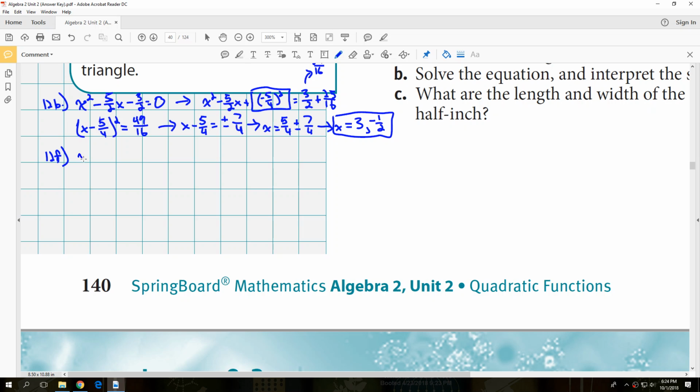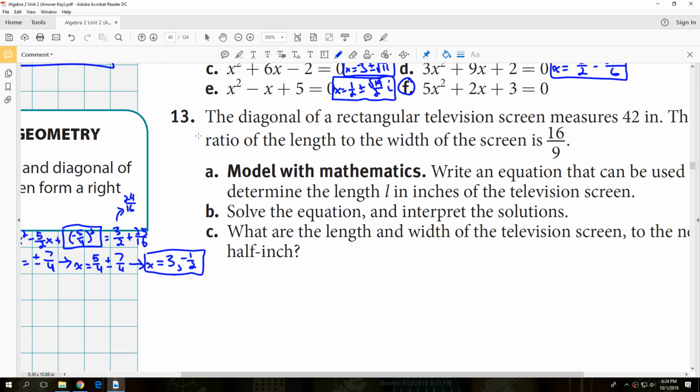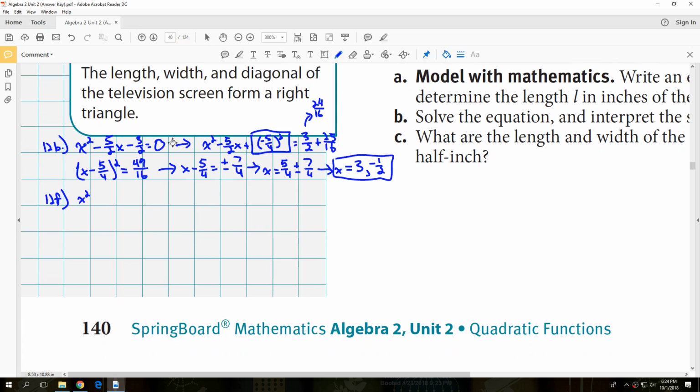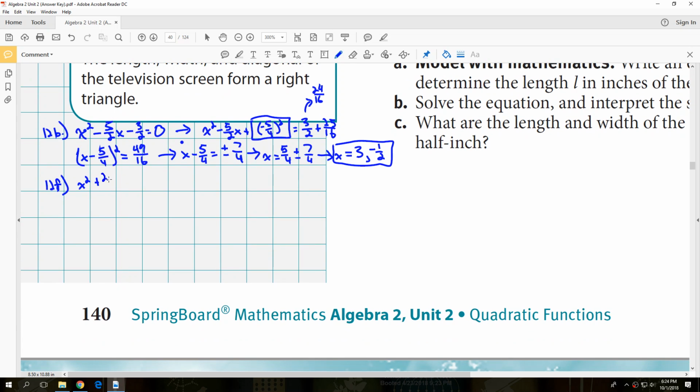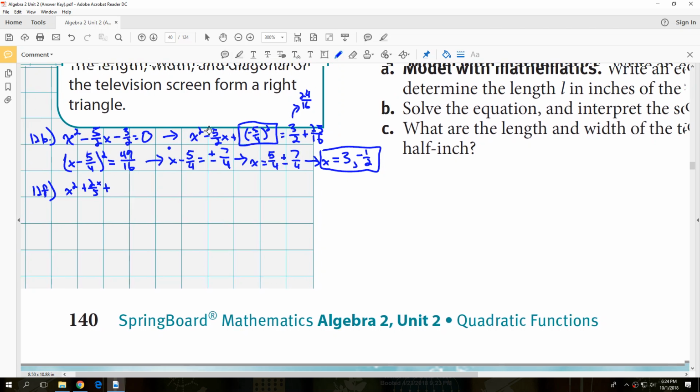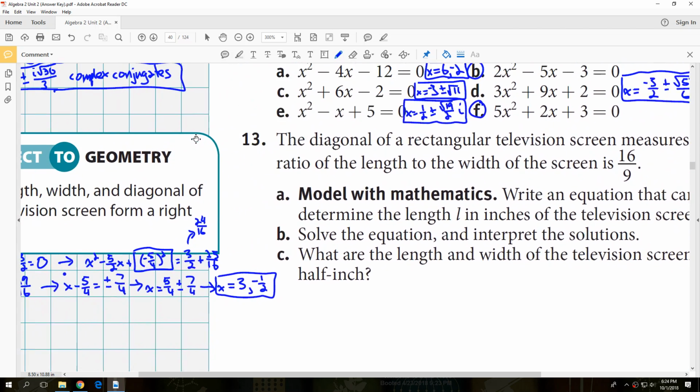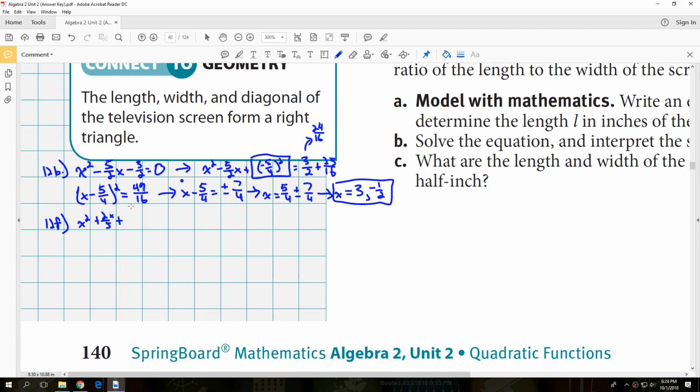All right, so I have x squared plus 2/5 x plus 3/5 is equal to 0. And we're going to make room for this inside here.